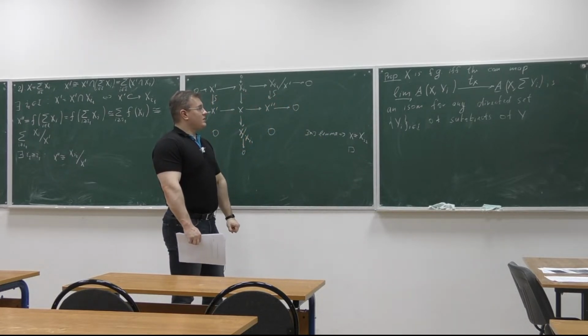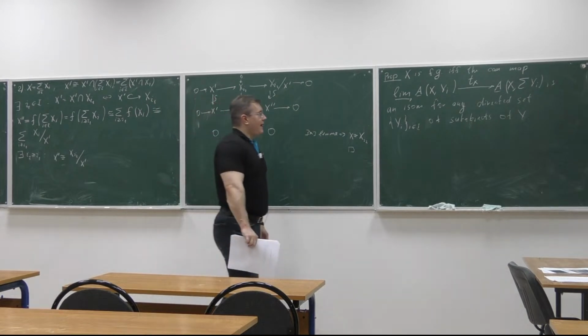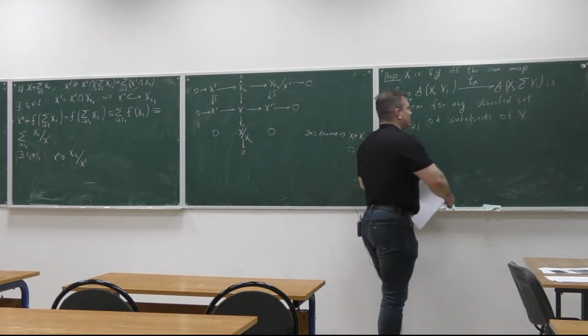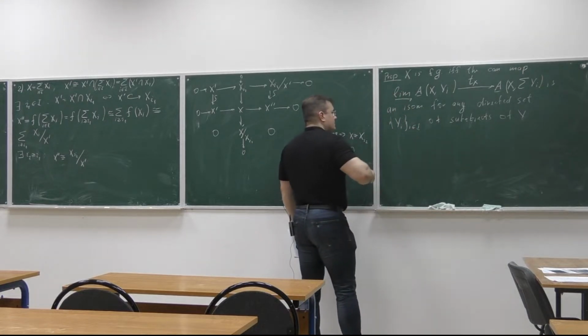So this is another way to characterize finitely generated objects in terms of preserving some very special colimits. In this case, the colimits being just the sums of some objects over directed sets.